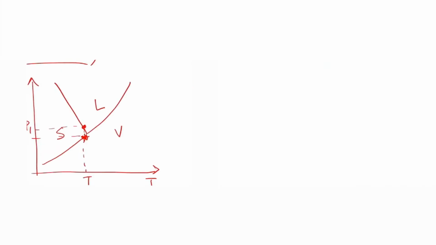Let us consider liquid and vapor, correct. So this relationship will remain constant, there also dP by dT if we are considering liquid to vapor transformation. This relationship will remain constant, it will not change.